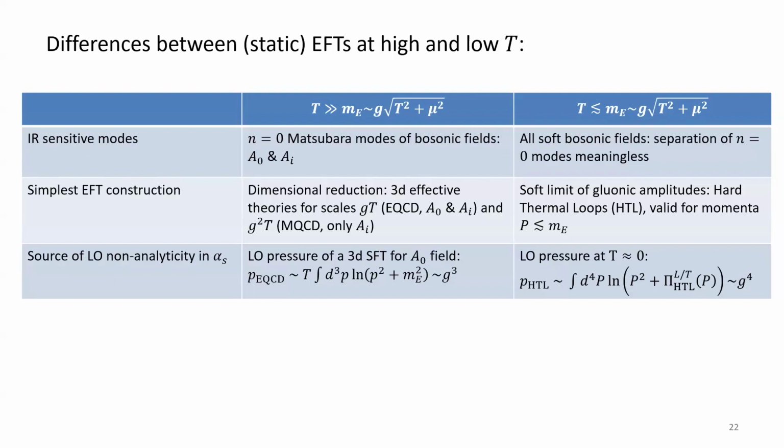I think there was a question from one of you yesterday about what happens when you really do these resummations, and I won't be able to go to any real detail here, but it turns out that the lowest non-analytic or lowest order contribution from these soft effective theories at high temperature basically comes from the non-interacting pressure of the EQCD effective theory, and it has the form of a three-dimensional integral over log of p squared plus m_E squared, which scales like g cubed.